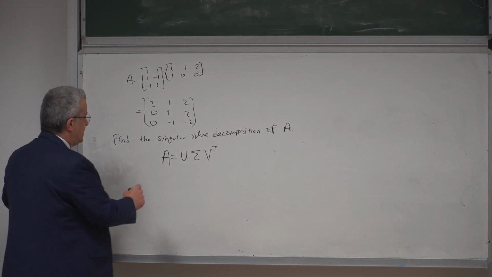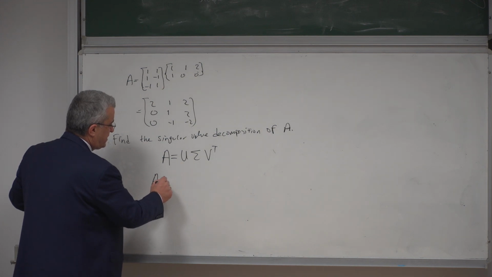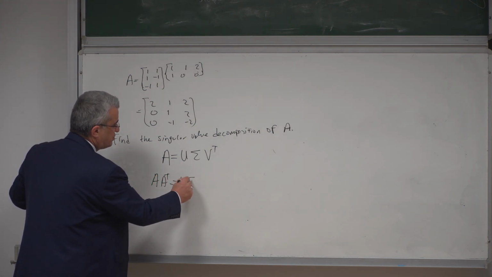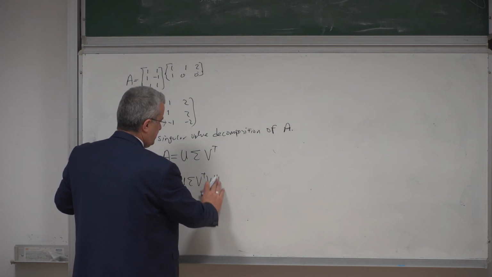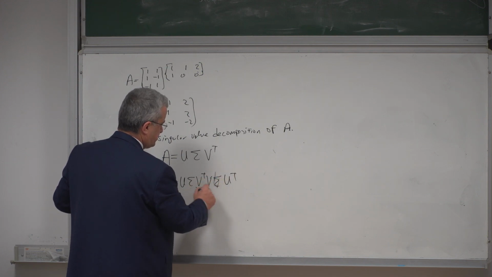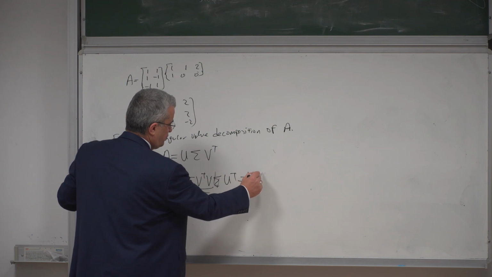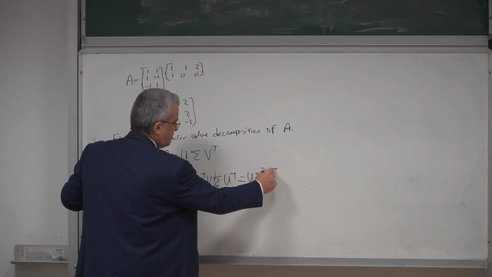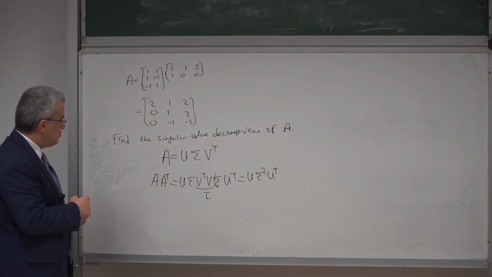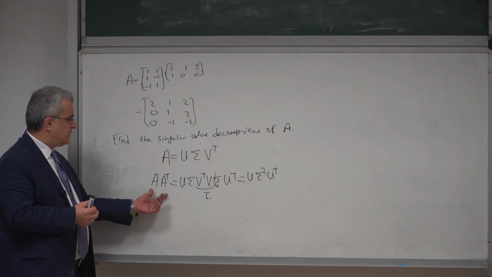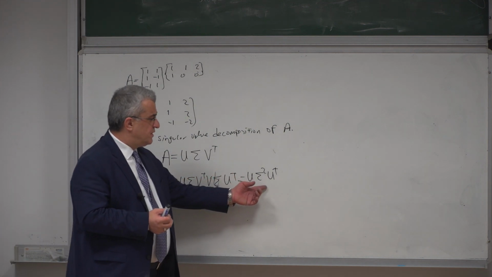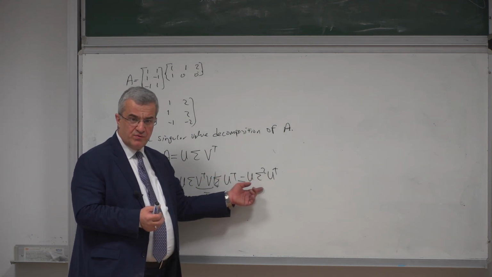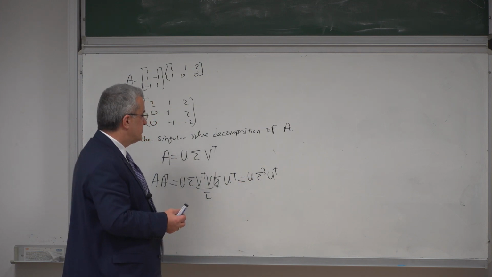I say that AA transpose is equal to U sigma V transpose V sigma U transpose. V transpose V is identity, so this is U sigma square U transpose. So first thing to do is I calculate AA transpose and find its eigenvalues and eigenvectors. So I perform this diagonalization, right?